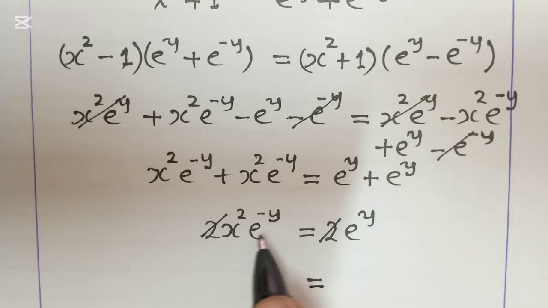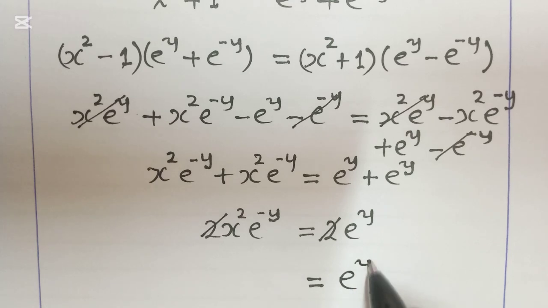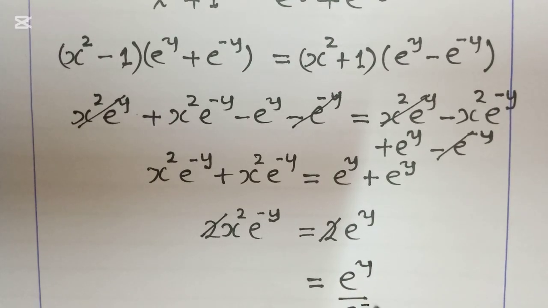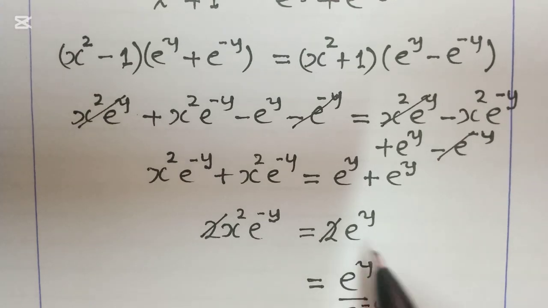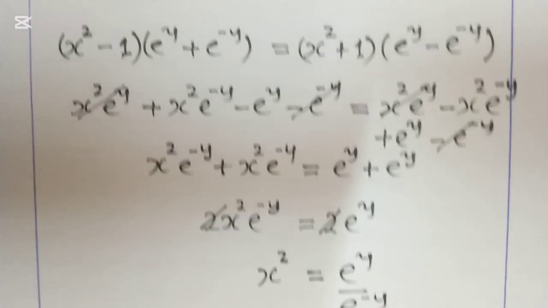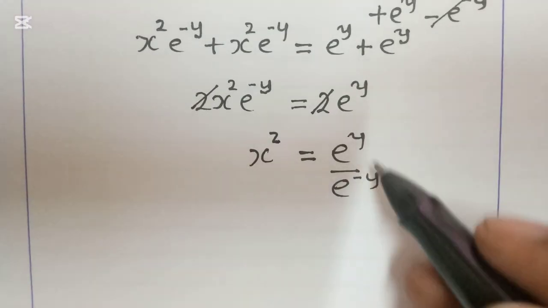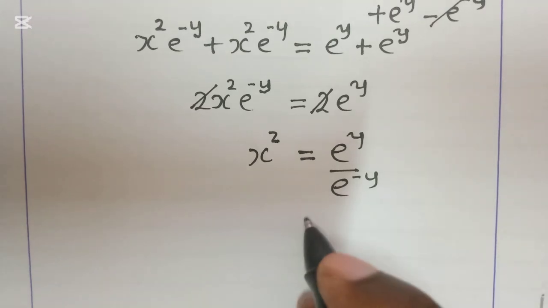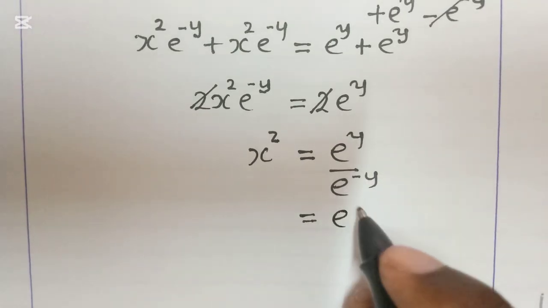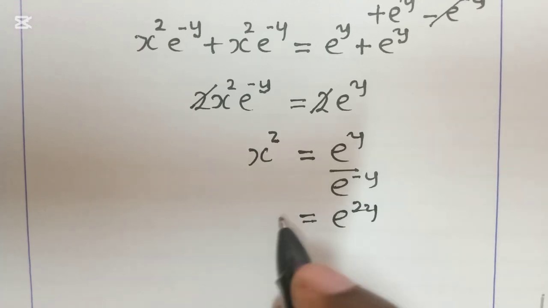We shall have e raised to y and we have this e raised to negative y, like that. So this side we are left with x squared. So now, guys, I can bring this one up there. If you bring it up there, you'll have e raised to 2y, and this side you have x squared.